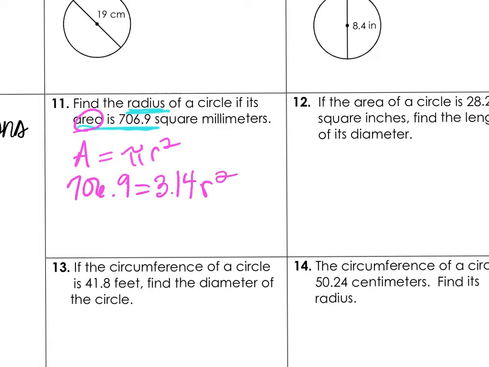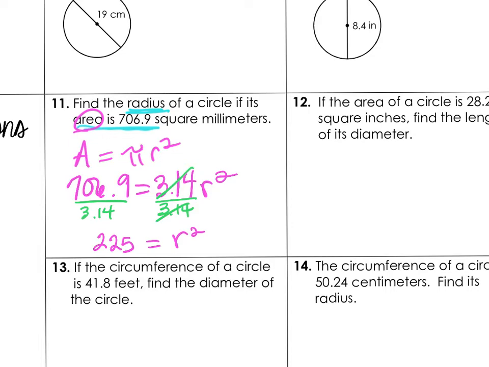You guys remember from back in the olden days when we were solving equations and having all kinds of fun, that we have to get r alone, so we're going to divide by 3.14 and divide by 3.14. Cancel, cancel. That leaves us with r squared equals 225. The opposite of addition is subtraction.